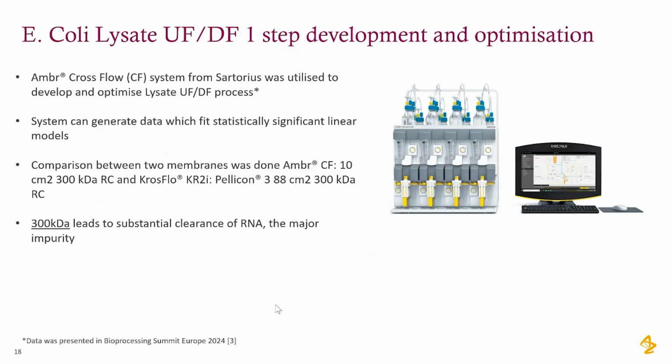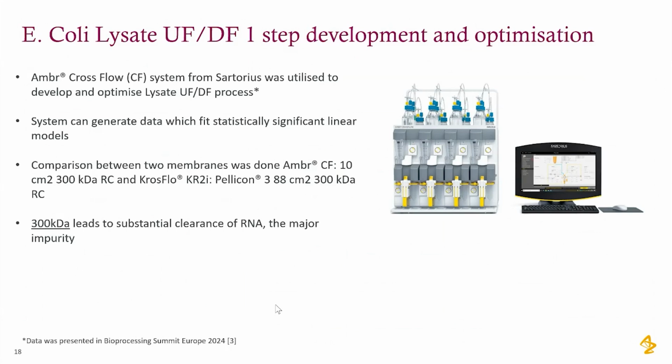And for the optimization and development of the lysate UF/DF step, we did use a system from Sartorius called Ambr crossflow system. This system allowed us to look at different membranes, different membrane chemistries, different cutoffs.